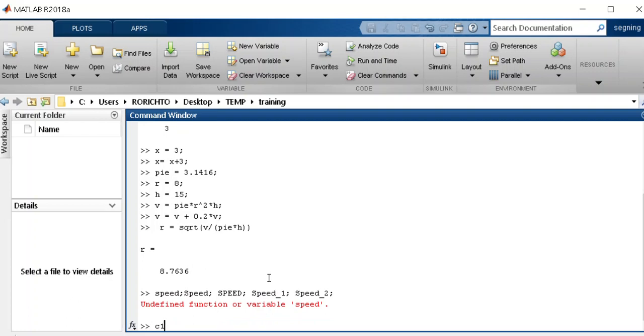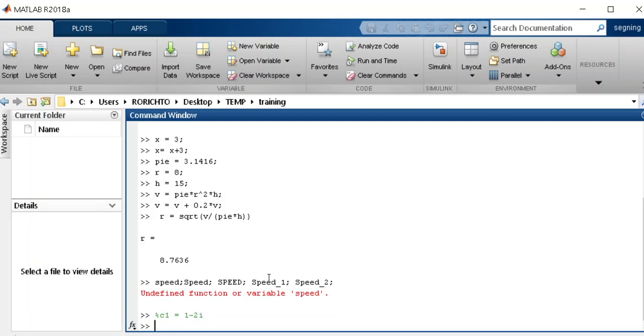For example, C1 equals 1 minus 2i is entered as follows: C1 equals 1 minus 2i. Right?